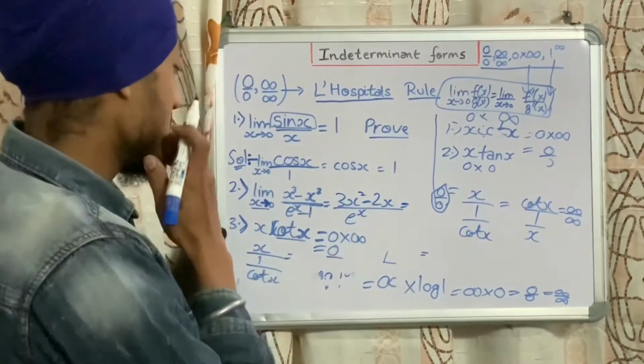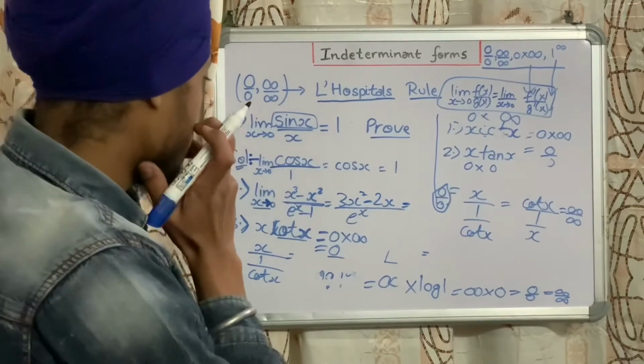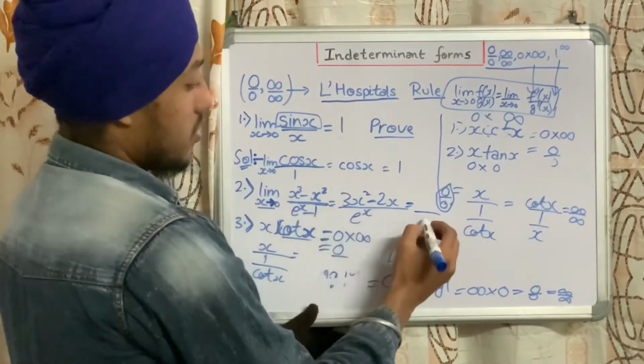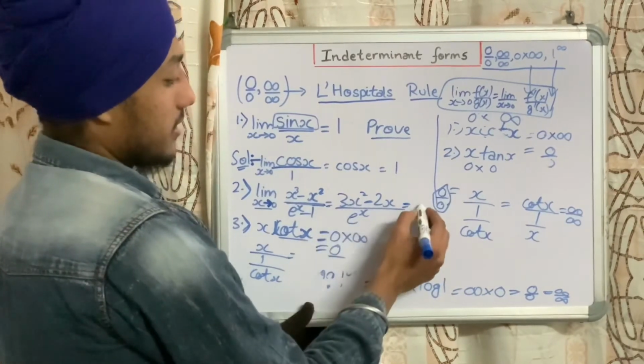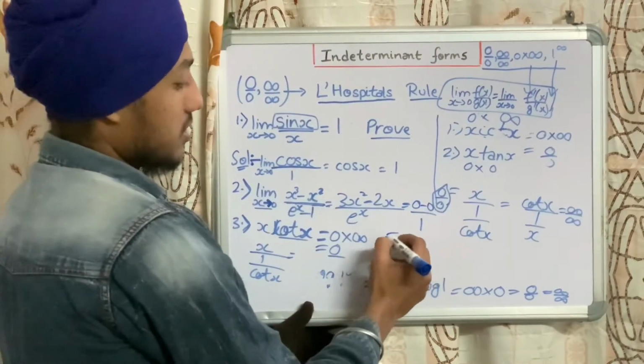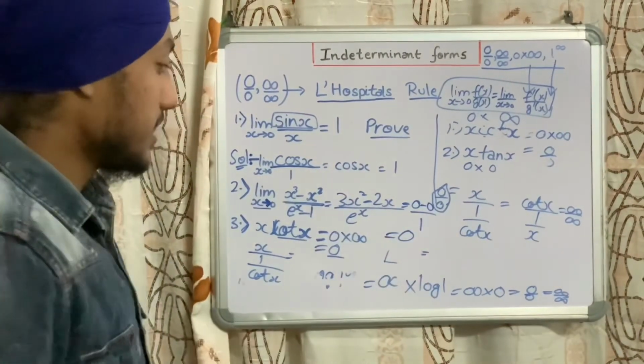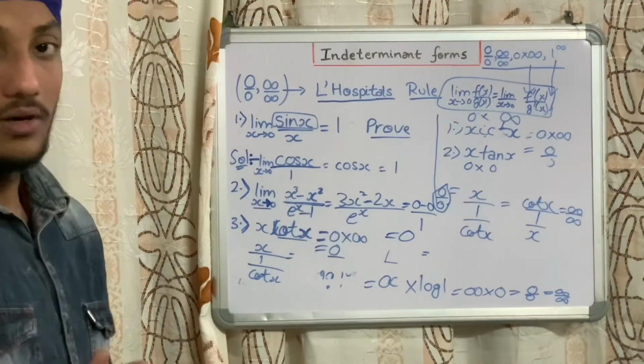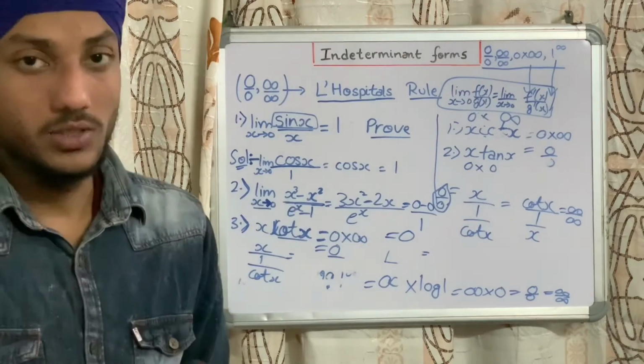When we put x as 0, it becomes 1, and here it is 0 minus 0, so the answer is 0. This is the method we use to solve the 0 by 0 form.